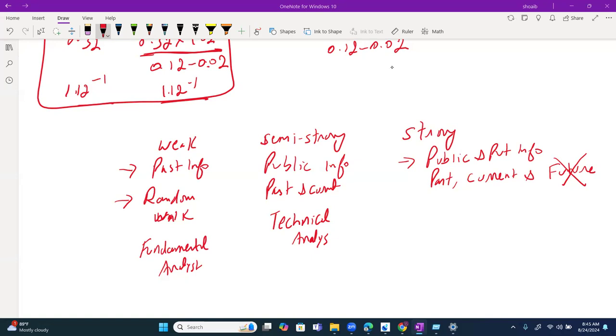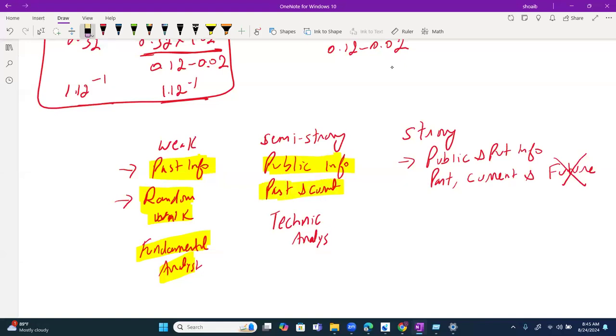Okay, so try to remember this. Weak form will show past information, and prices show a random walk. Only technical analysts can work here. Semi-strong shows public information, past and current.